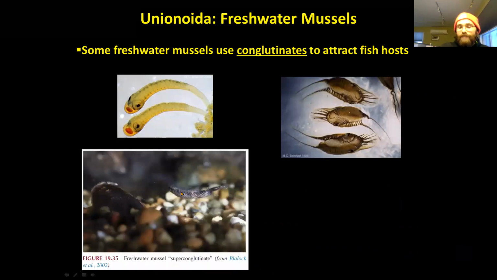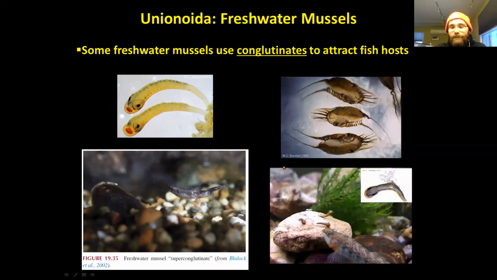Others, quite literally, look like a little fish swimming through the water, and you can very faintly see a mucus thread coming off of this female mussel that she's using as a lure. Fish, like these little darters, are going to see these and think, wow, that's a delicious looking snack.